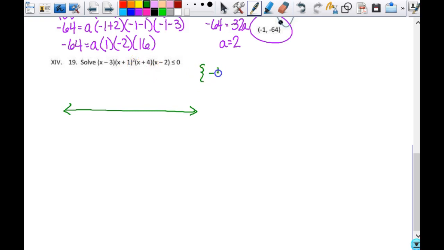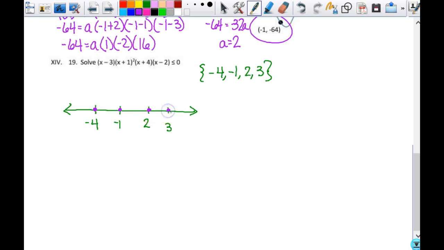I've got a -4, and I've got a -1, 2, and 3. Okay, this is less than or equal to, so that means that there are closed circles on my number line. So I can put -4 down here, -1, 2, and 3. Okay, and these are all closed circles.